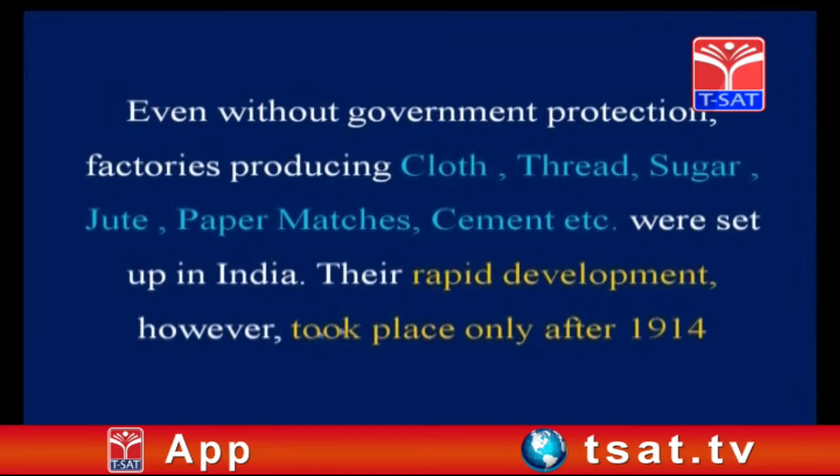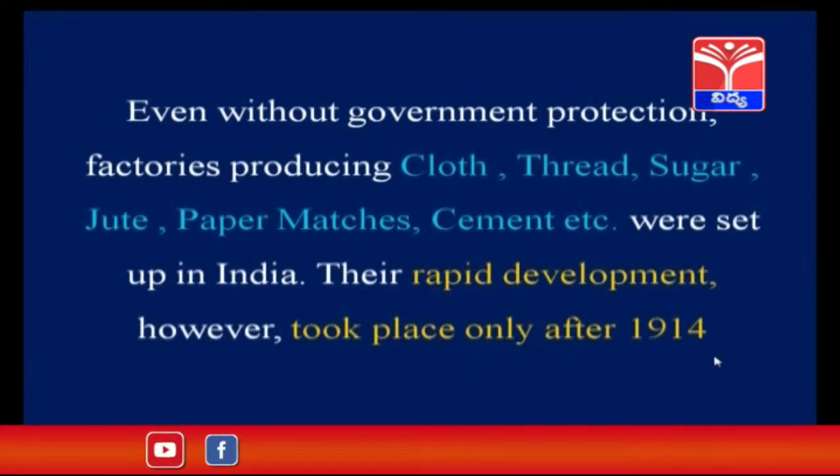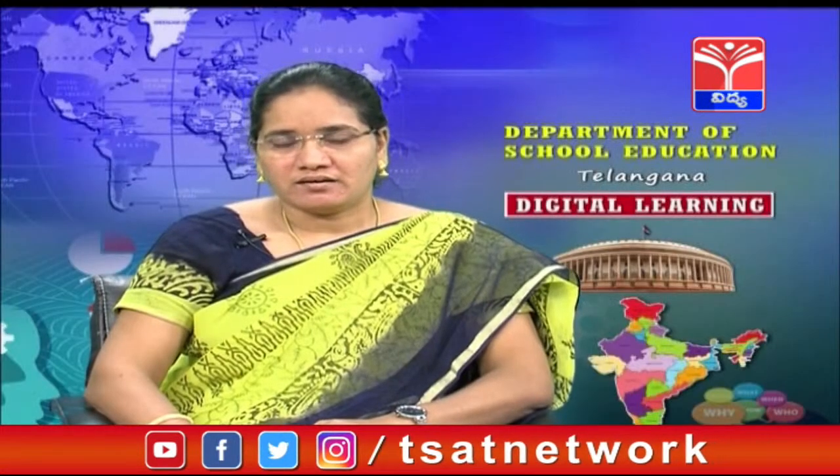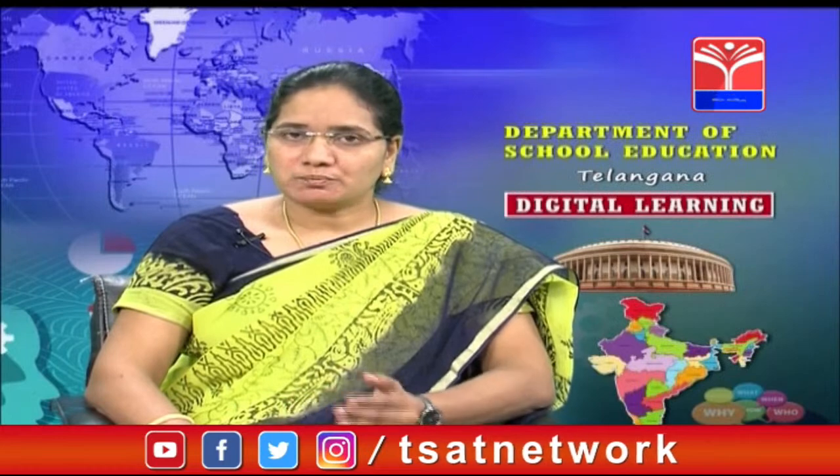Their rapid development, however, took place only after 1914. We will see the reason later.